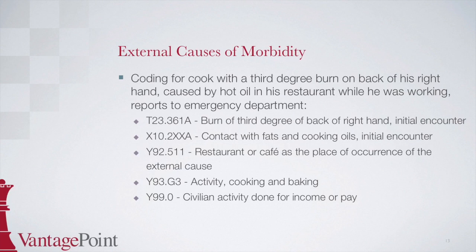Then look for cooking, which points to Y93.G3, which you would then confirm in the tabular. To locate the status code, go to the phrase status of external cause and the index of external causes, then locate civilian activity, where there are 2 options, both of which point to Y99.0, which you would then confirm in the tabular.